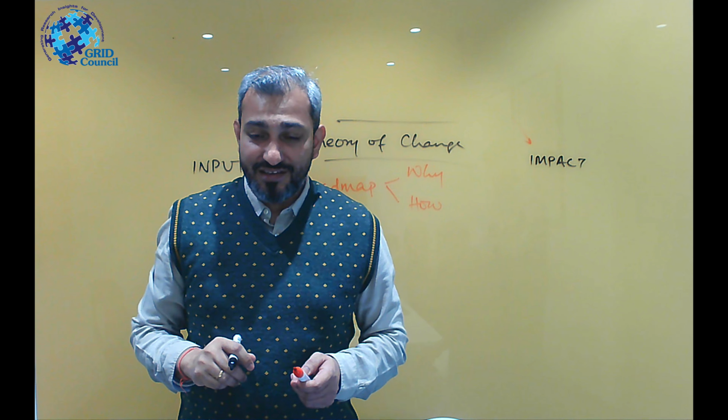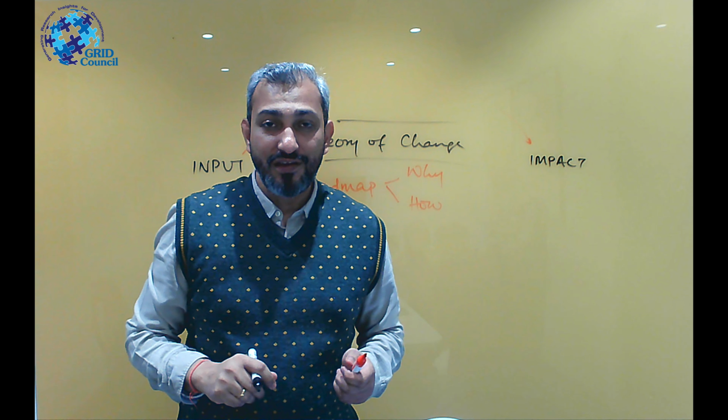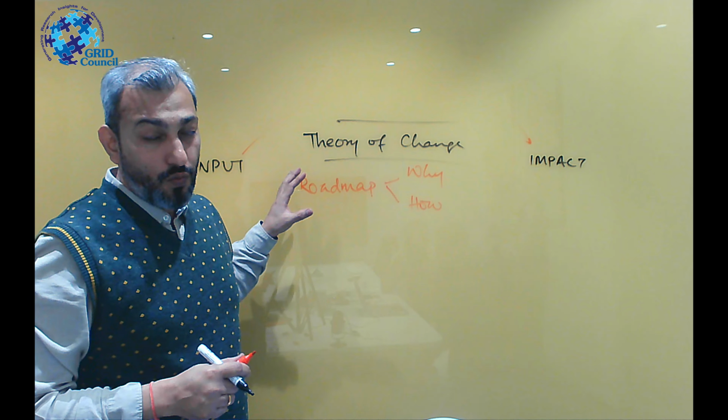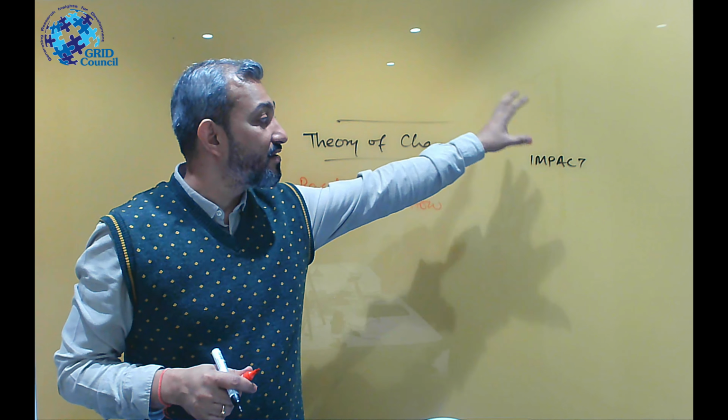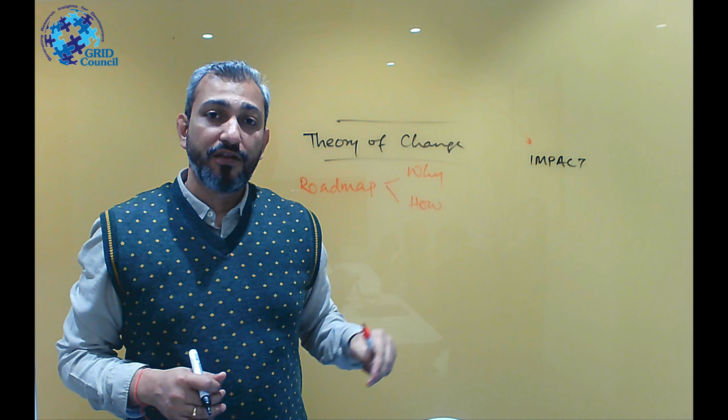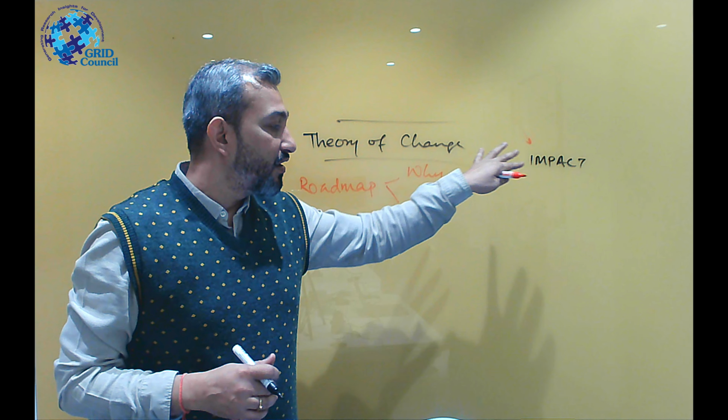Now, the theory of change is an important concept because it gives us a fair idea of what is intended, what is done, and how that links to the overall impact. But this is linked together through a chain of different elements. We want an impact.